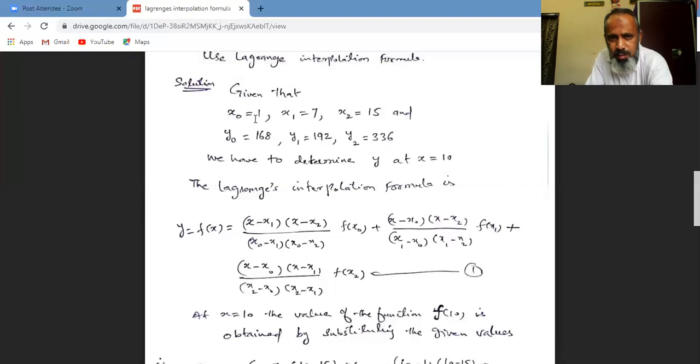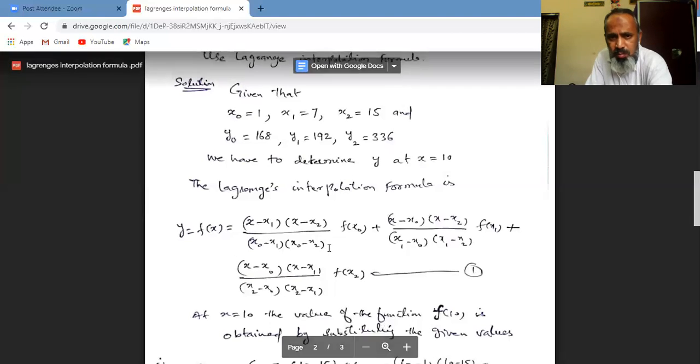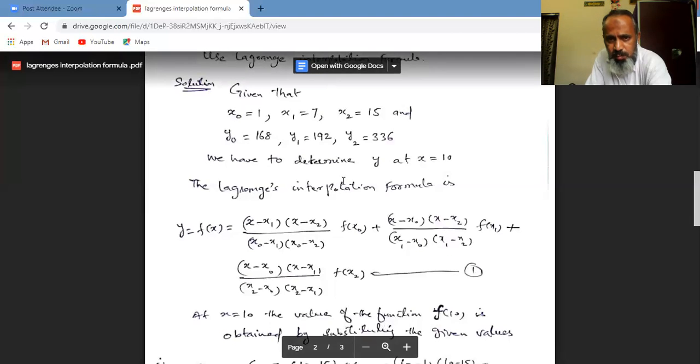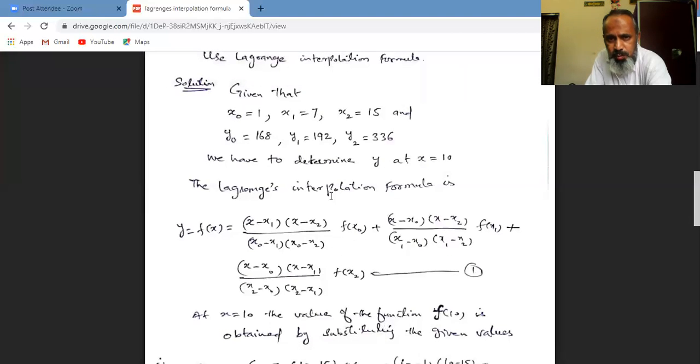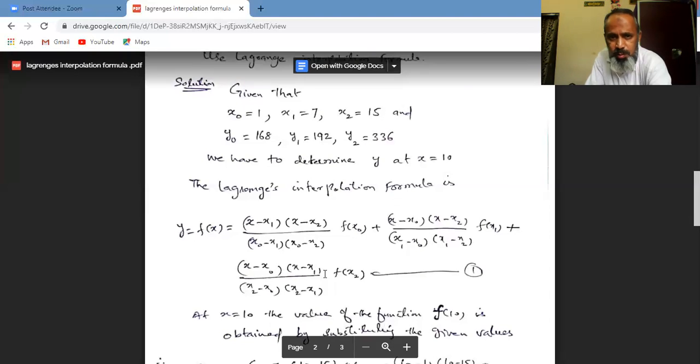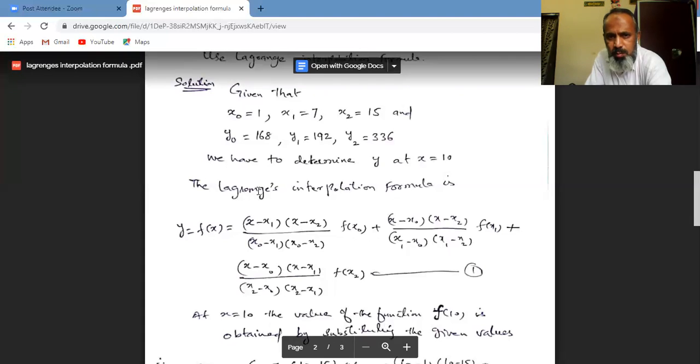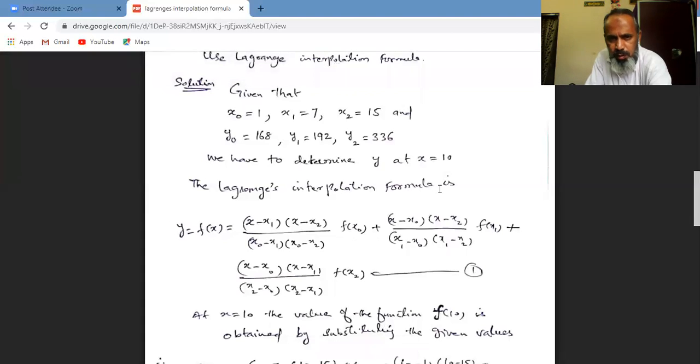Now we know the values of x0, x1, x2, y0, y1, y2. f(x0) is nothing but y0, f(x1) is nothing but y1, and f(x2) is nothing but y2. And we know the values of x0, x1, x2. Substitute all values here, and we get the polynomial known as Lagrange's interpolating polynomial.